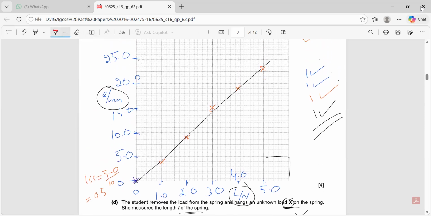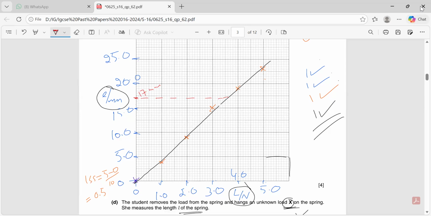See, this is 10, this is 15. 1, 2, 3, 4. Here it is 17, my dear friends. This one is 17 millimeters. So we need to know the load. So this is extension. So for the load, just pick up your ruler, draw the dotted line, keep on stretching it till it touches the graph.